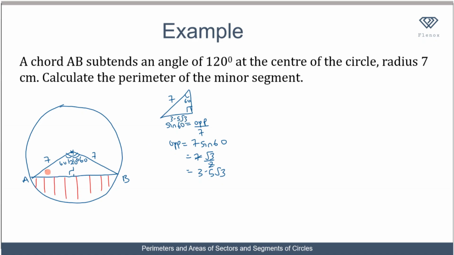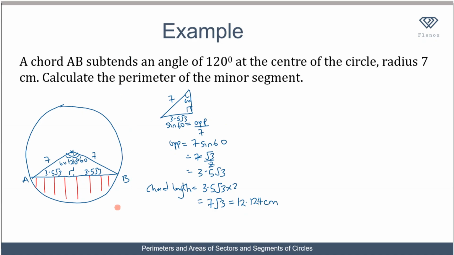Similarly, since these triangles are similar, this side is also 3.5 root 3. So the chord length will be 3.5 root 3 times 2, which gives me 7 root 3. Expressed in decimal, that is equal to 12.124 centimeter.